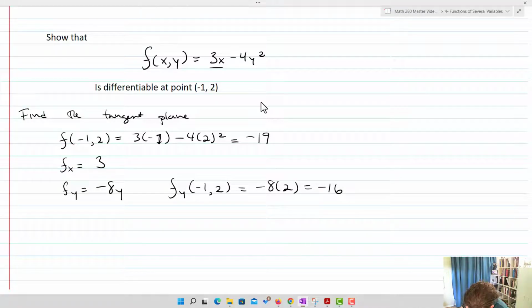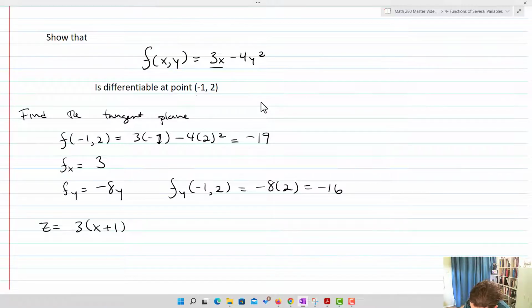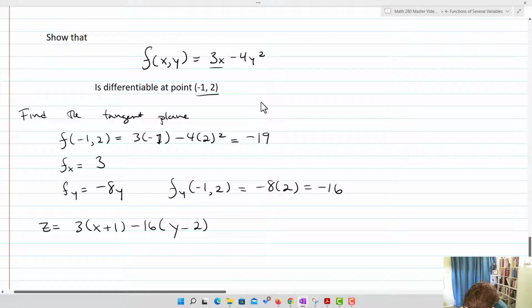So what we get here is our tangent plane is going to be z equals 3 times (x + 1), because (−1, 2), x + 1, minus 16 times (y − 2), minus 19.